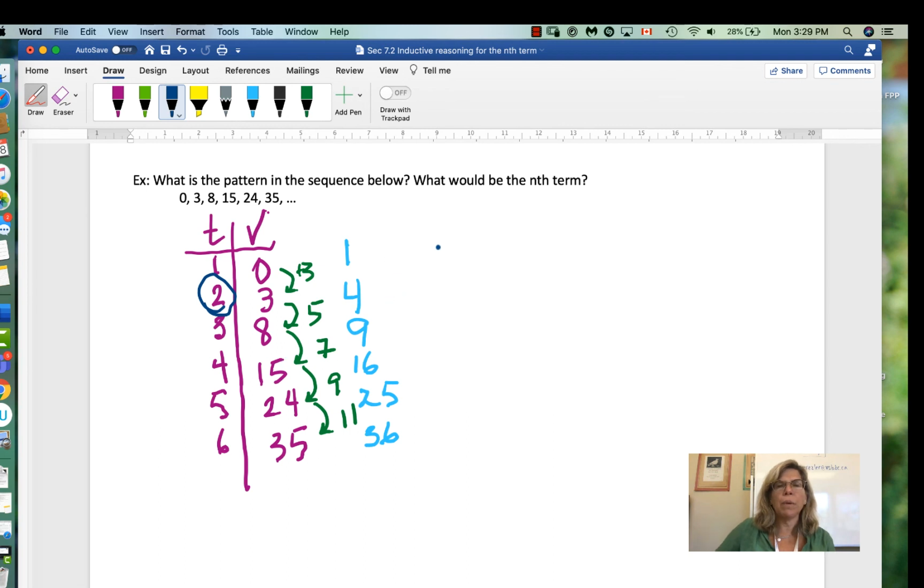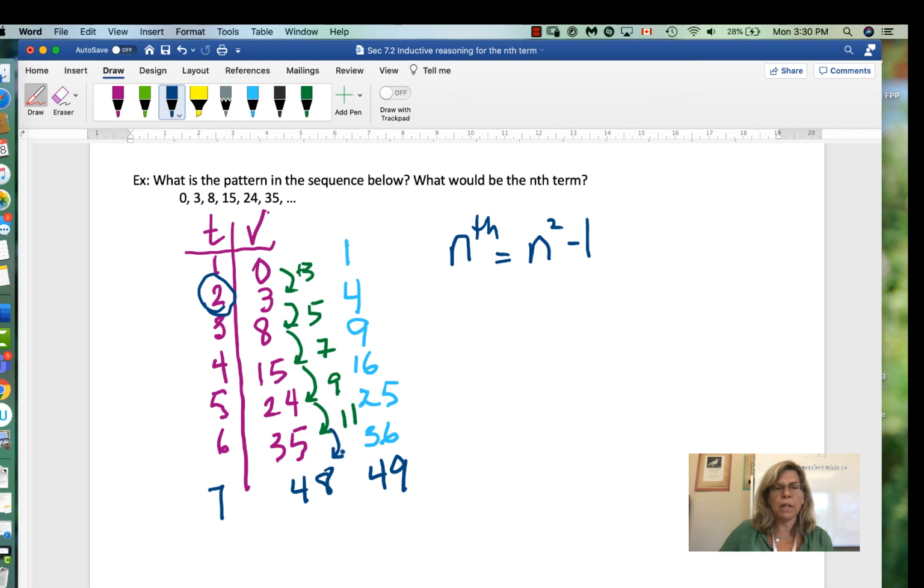So the nth term would be n squared minus 1. If you pick number 7, 7 times 7 is 49, and so this would be 48. Let's just see if it works.